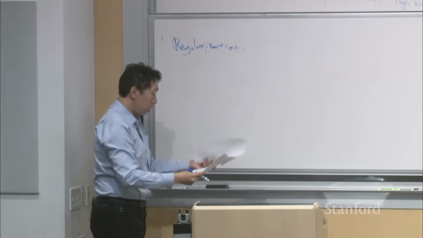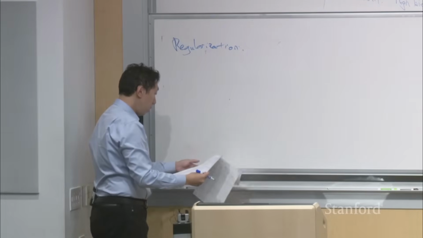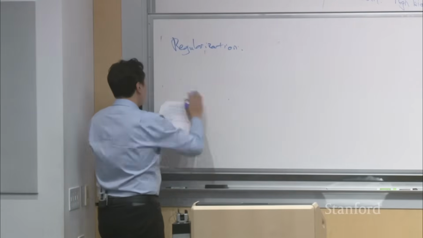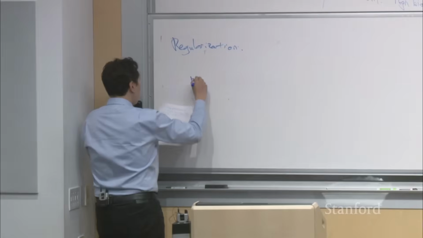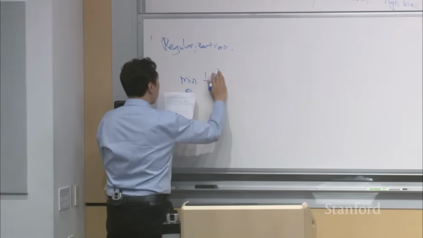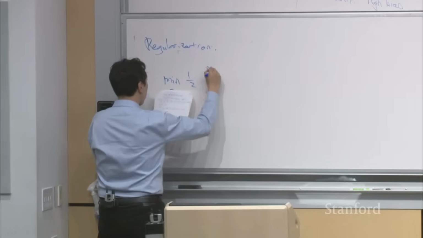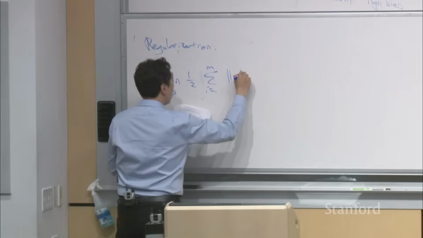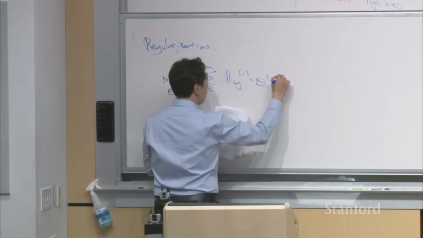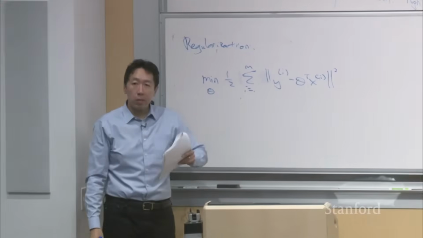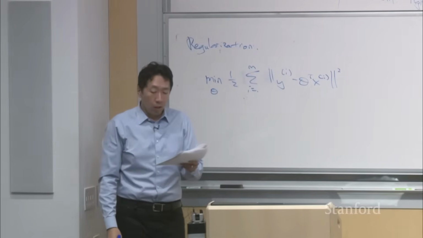So here's the idea, which is, let's take linear regression. So that's the optimization objective for linear regression.